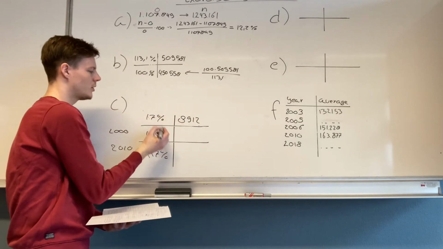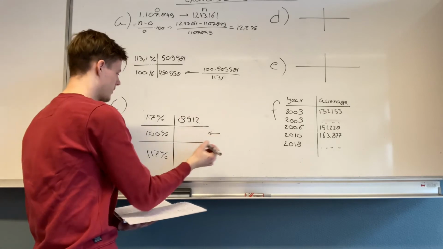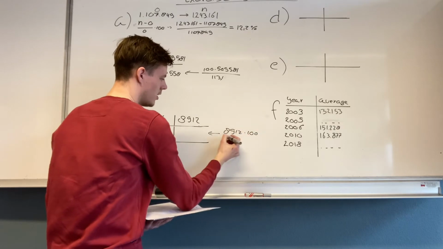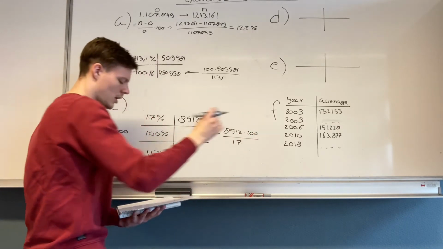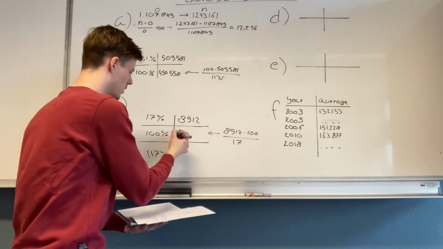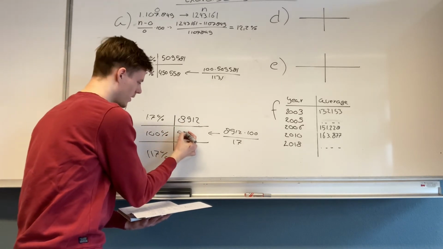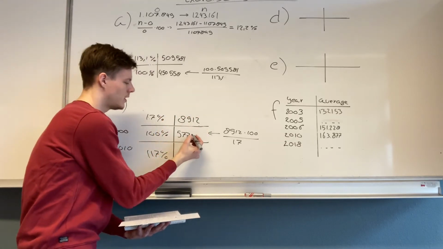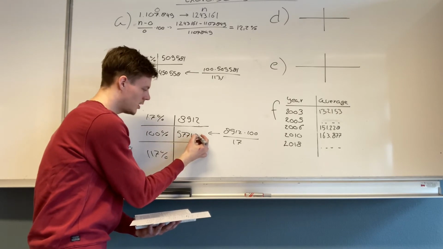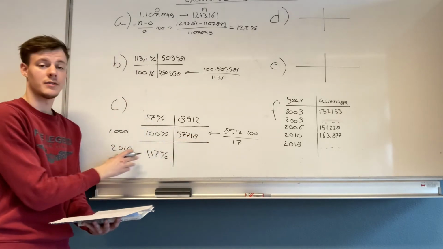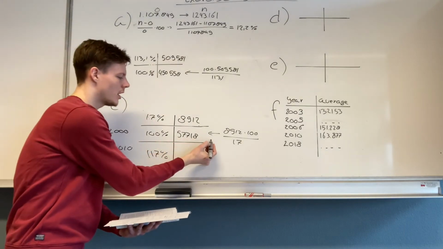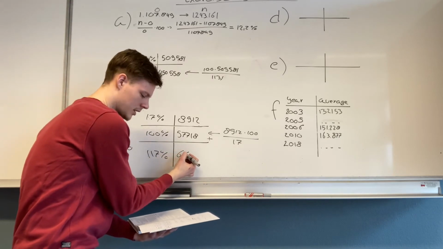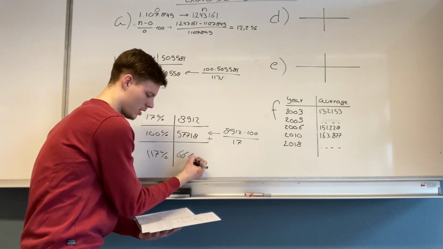We multiply these two and divide by the last one, which gives us 8,912 times 100 divided by 17. This gives us 57,718. And then the 107% is just a matter of adding these together, which gives us 66,630.